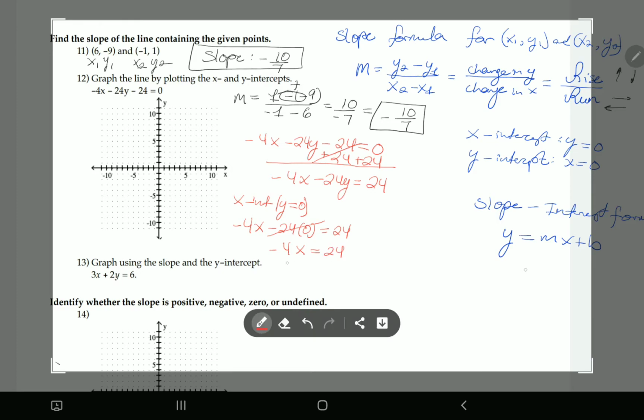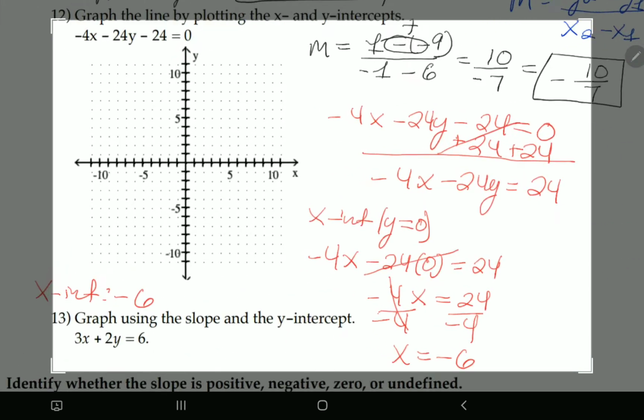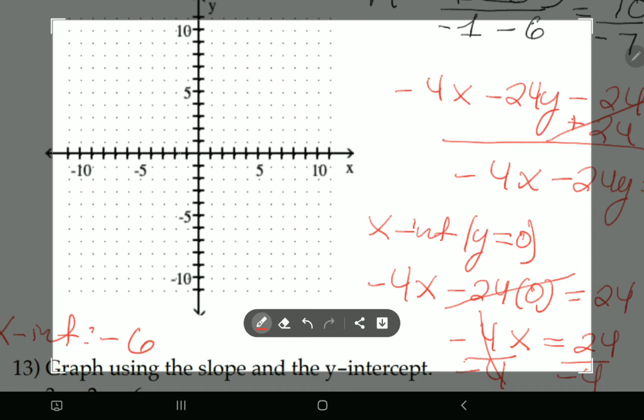To get x by itself, we divide both sides by -4. x equals -6, which means the x-intercept is -6. I'm going to write that over here. That means at the value of -6 on the x-axis, that's where my line will cross. -1, -2, -3, -4, -5, -6, right here. Put that in red.